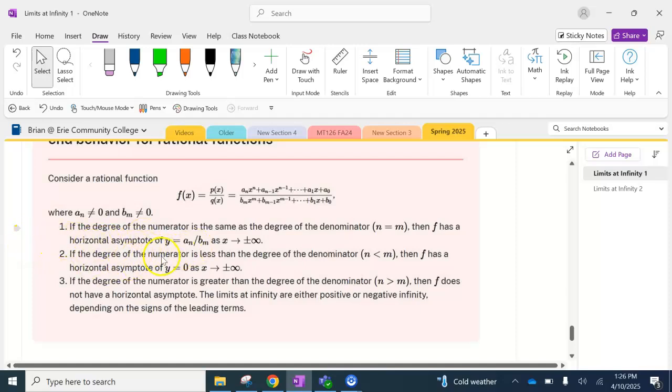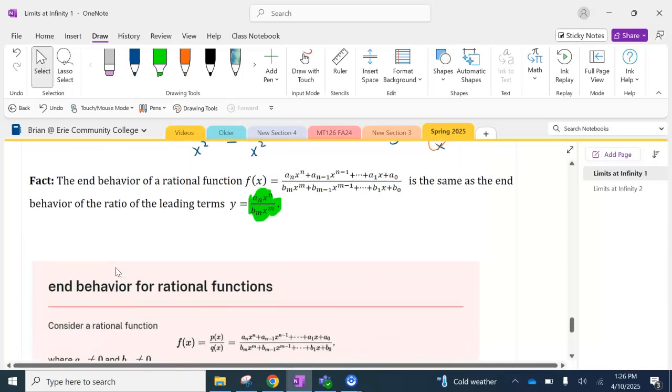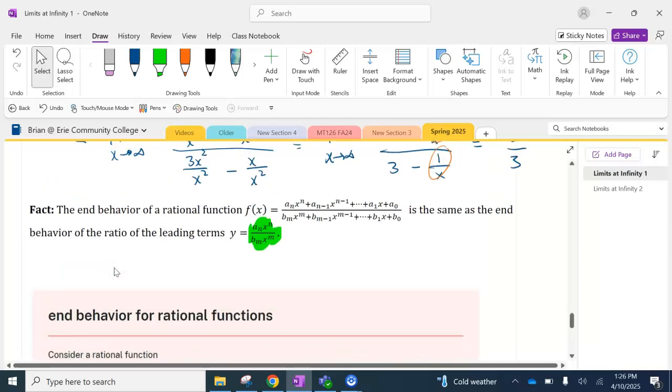If the degree on top is smaller, it's going to be y equals 0, or the x-axis. If the degree on top is larger, then that depends on the signs of the leading terms, and it's either going to go to positive or negative infinity. So again, it depends on how this expression simplifies and what the signs of these numbers are if your degree on top is bigger than your degree on the bottom. If they're equal, it'll be the ratio of the coefficients because the x's will completely cancel out.